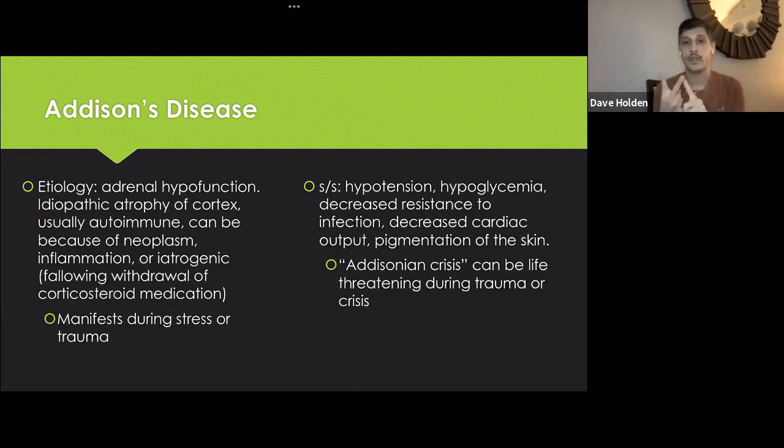So autoimmune could be a tumor, could be inflammation, could be iatrogenic, which means it's caused by medication. Like the condition that we're looking at is caused by some medication that we introduced into the body. So here's how this would work. If someone is being given artificial hormones like steroids, if you're being supplied through medication with hormones, then your body will not produce those hormones on its own.